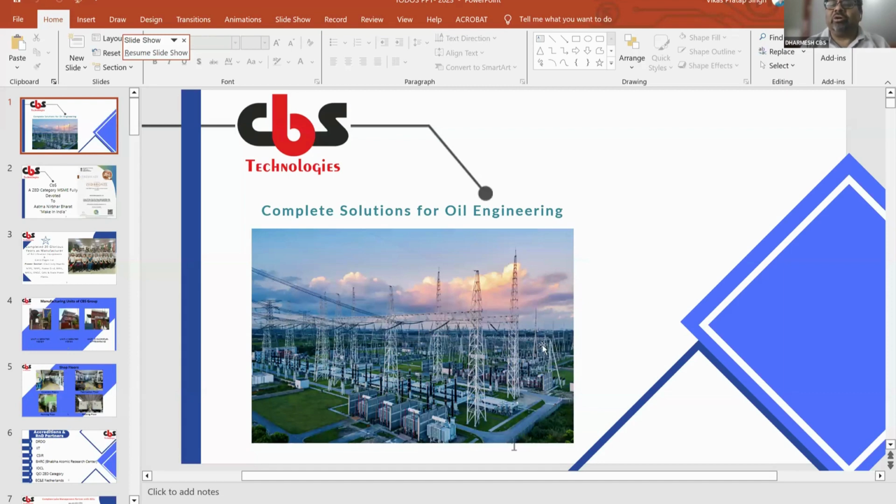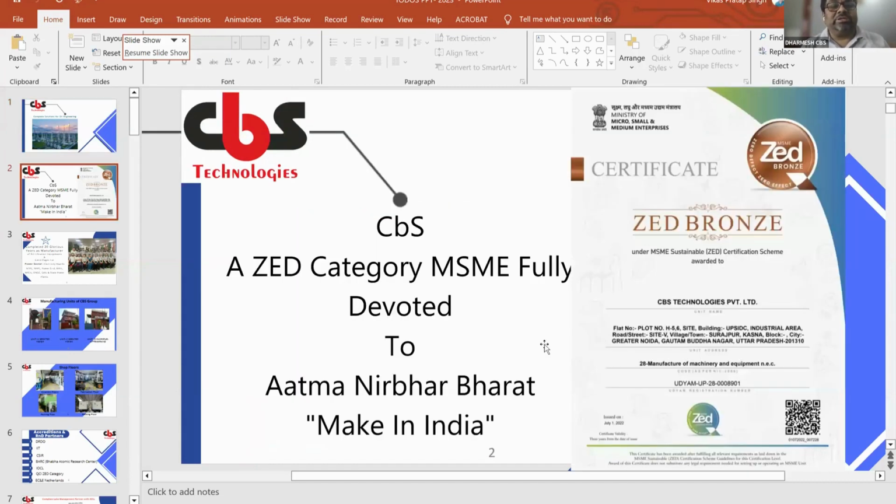I'm going to show you some small things of what we are doing for this moisture management. This is our company. This is what we are doing under Make in India.